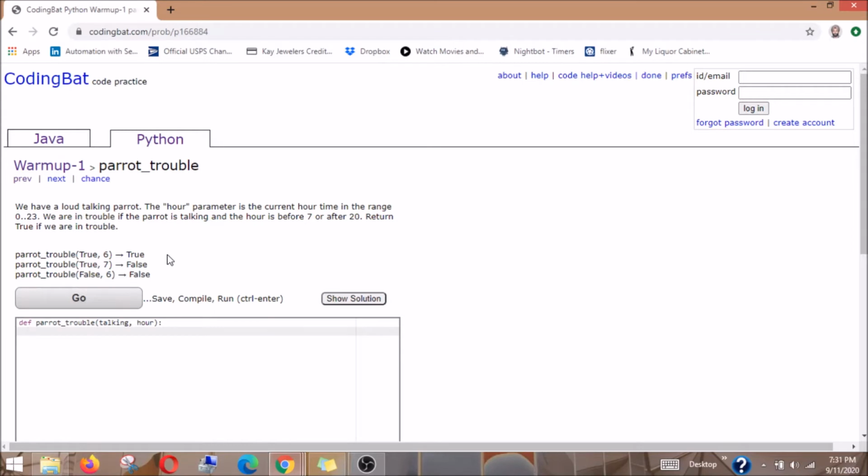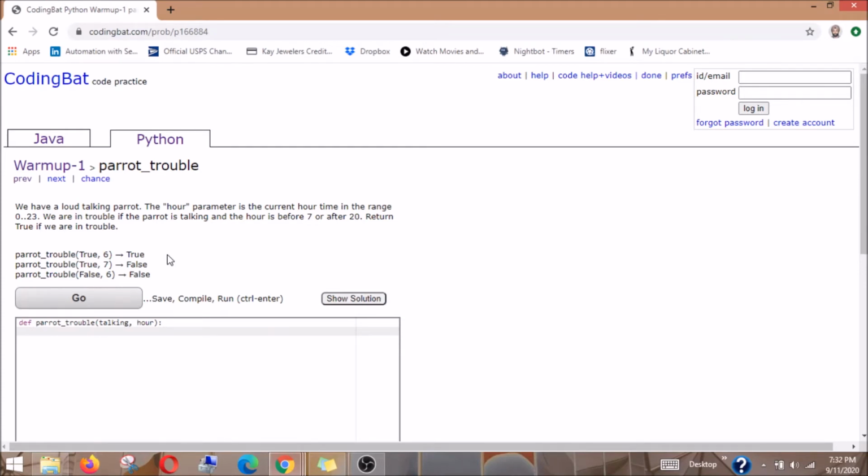This is a 24-hour clock, not like our usual clock where after 12 it goes to PM. It goes from 0, 1, 2, 3, where 0 is 12 midnight and 23 is 11 PM at night.